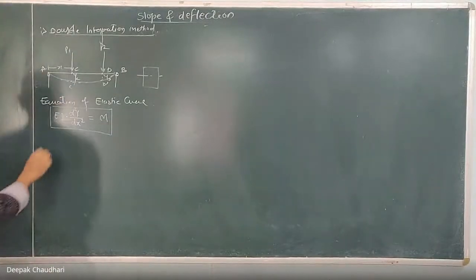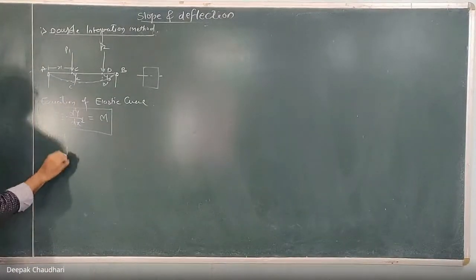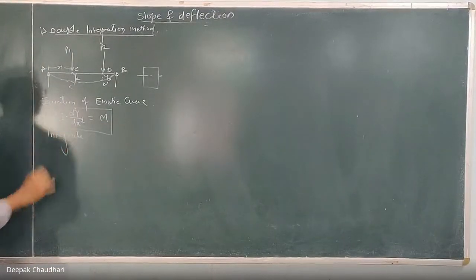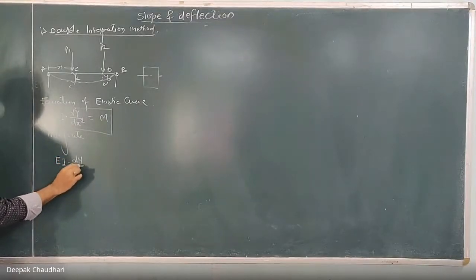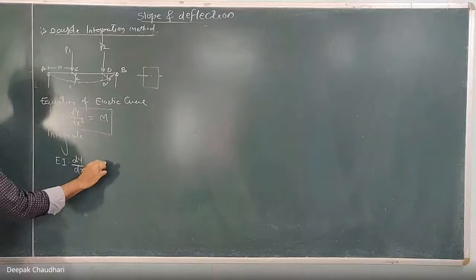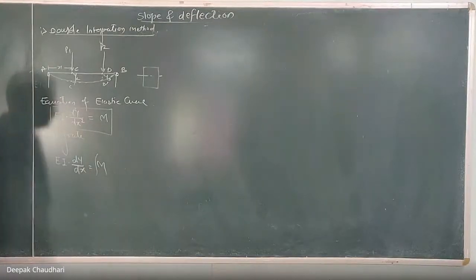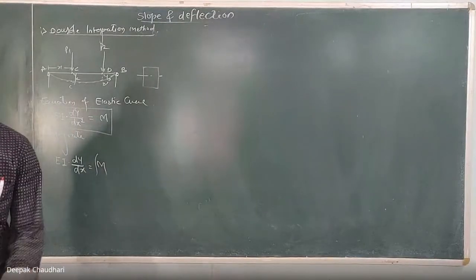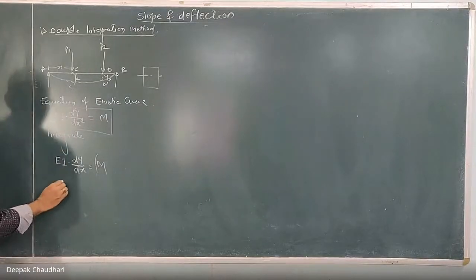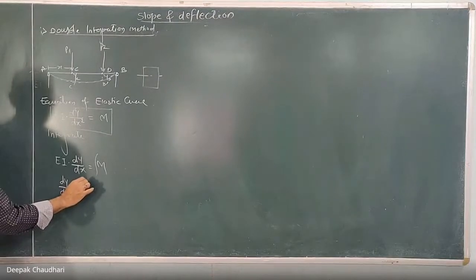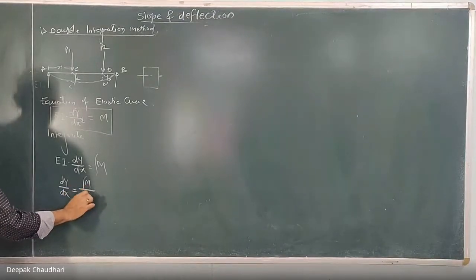Now, if I integrate this equation, I will get EI into dy by dx equal to the integration of M. That equation we have to integrate, which means dy by dx is equal to the integration of M upon EI.